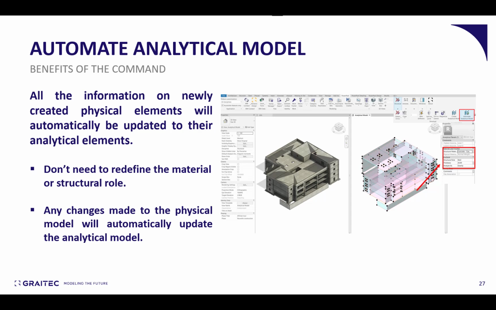In the same manner as the create analytical model command, which is based on selection, the previous command I presented, we will live copy into the analytical model some parameters: the thickness of the wall, the structural role of the object, and the materials as well.